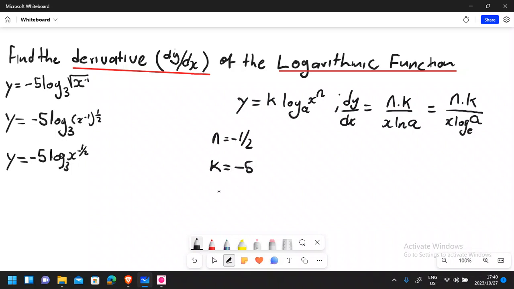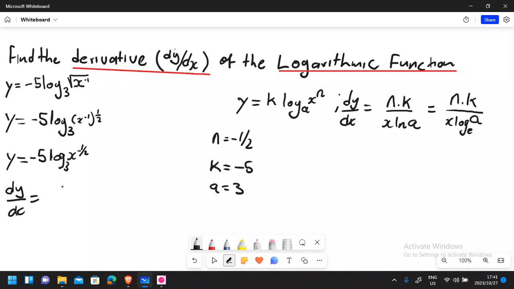And a is 3, which is the base when you look at that side. With this, we can change our function and derive it. So let's find dy over dx.